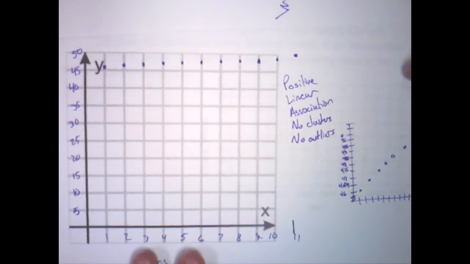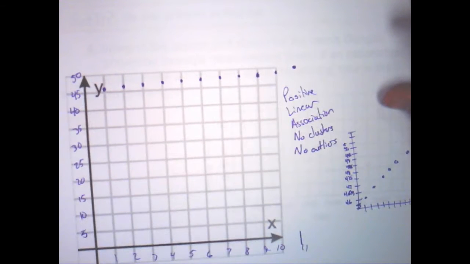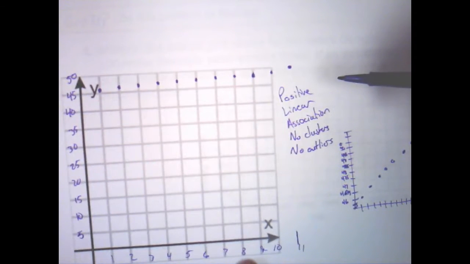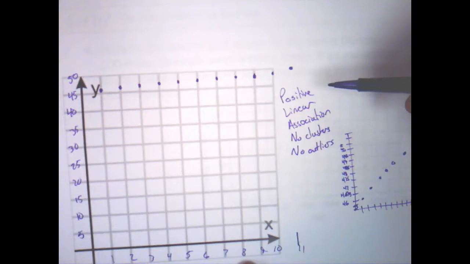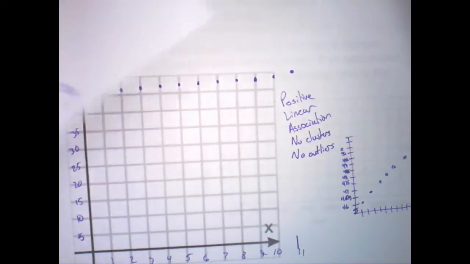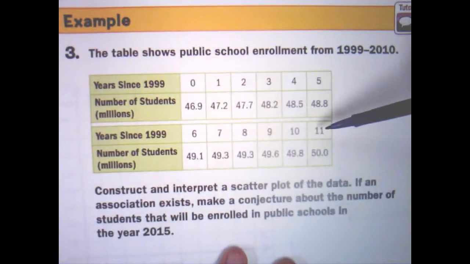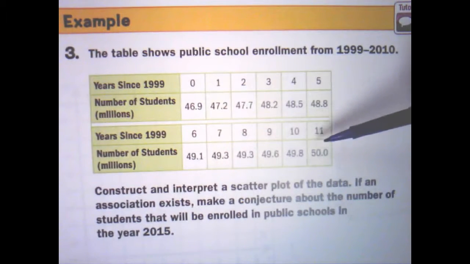Now I don't know if you guys can see that. Now I need to make a conjecture about how many students will be enrolled in public schools in 2015. So what we have here is the year since 1999. 11 years since 1999 would be 2010.